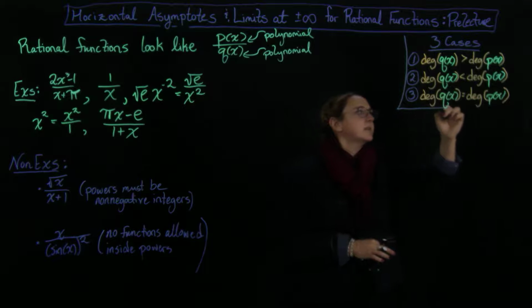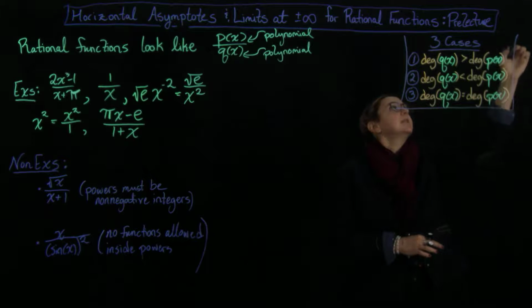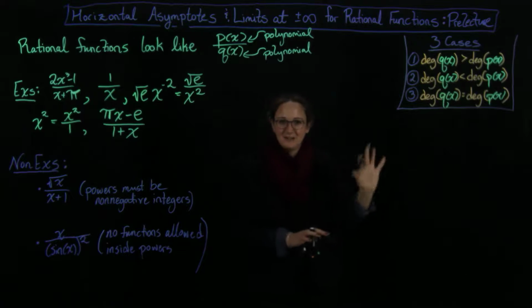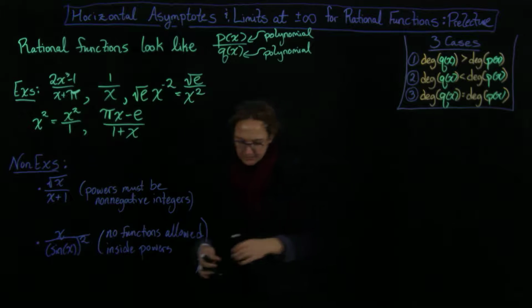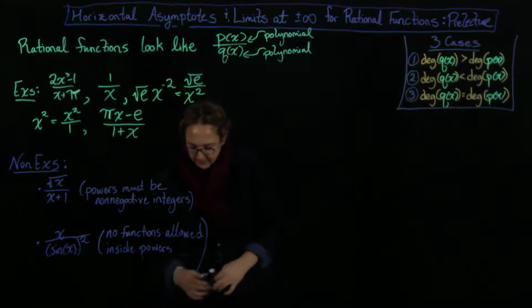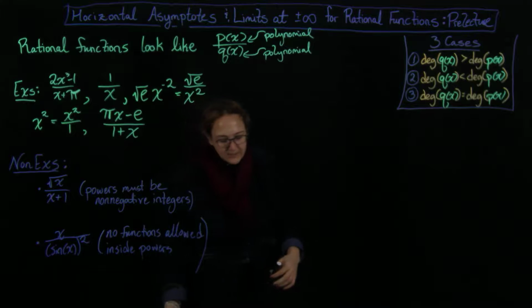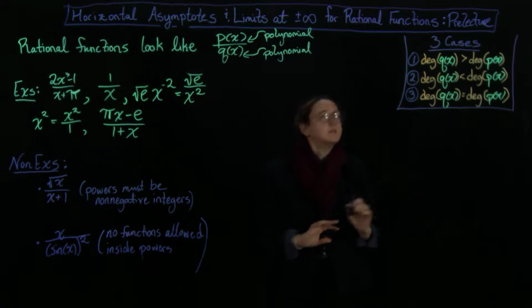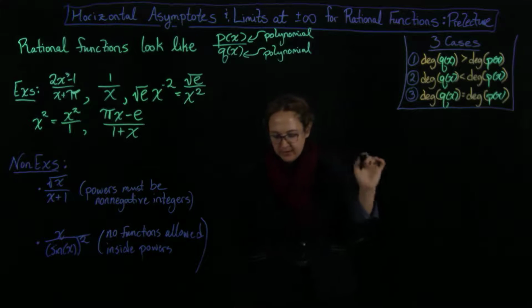But then, knowing that this is here, you're going to want to make sure you know what is meant by the degree. So we'll need the degree of a polynomial.